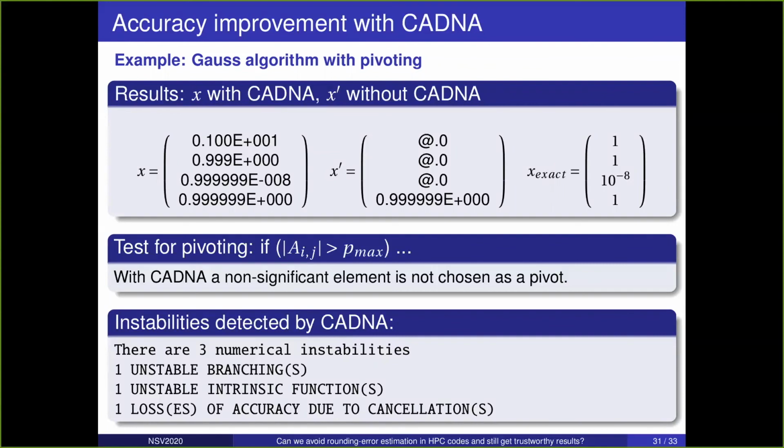And without CADNA, this non-significant element is chosen as a pivot. So with CADNA, you also have the instability report. So you are informed that there's an unstable branching. You also have an instability which is due to the absolute value, and you also perform here one catastrophic cancellation.